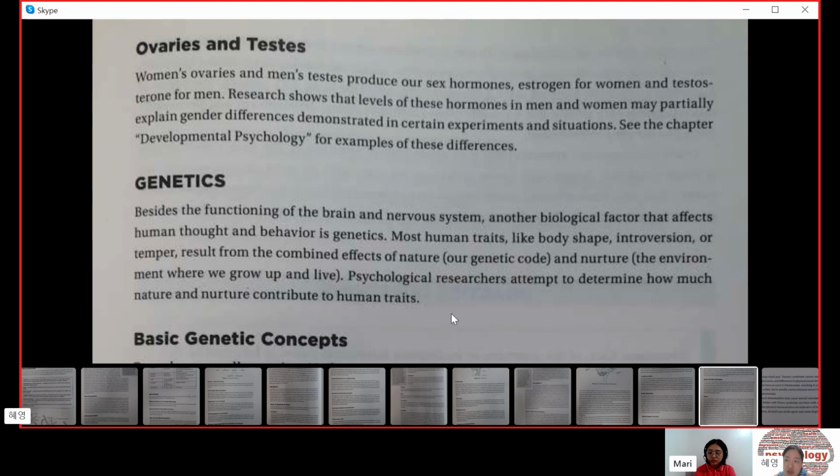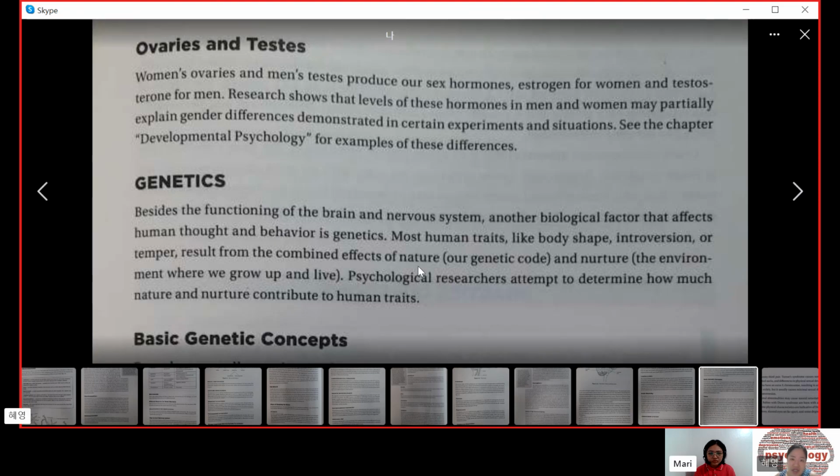But for transgender people and similar, their sex hormones are imbalanced, so that's why they show something somewhat mixed, you know. So this is one theory.